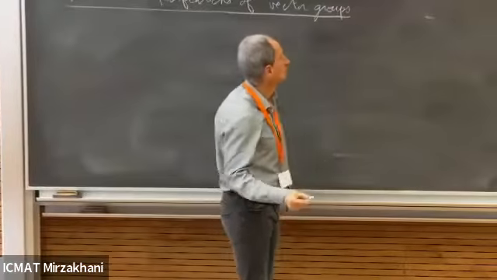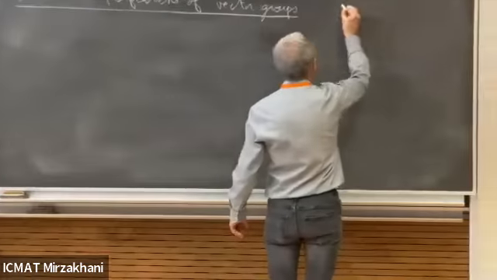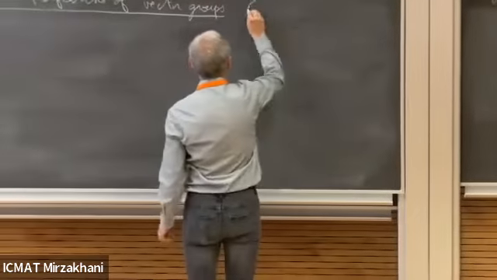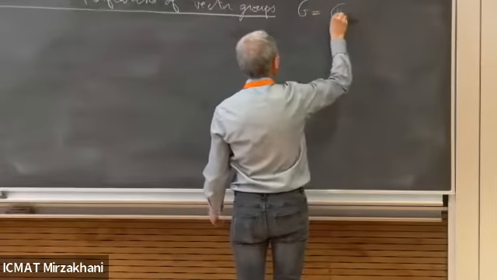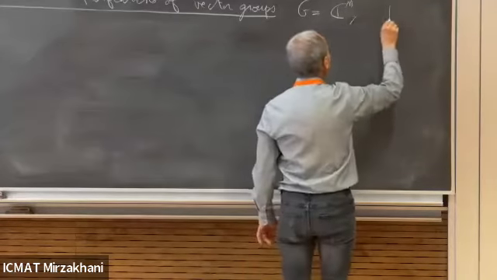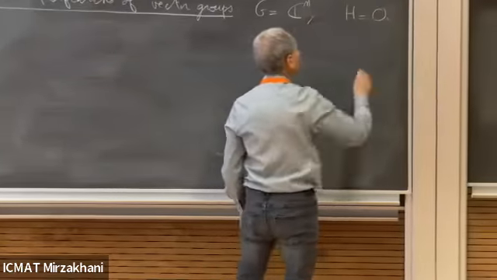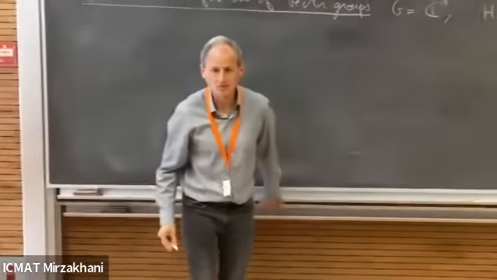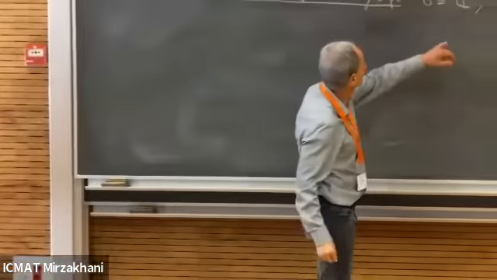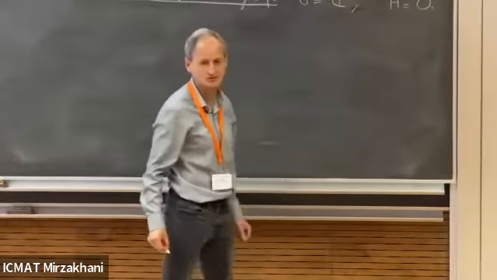This is a very long name, but that tells you that in the situation of almost homogeneous varieties, you take G to be the additive group C^n, and H is 0. Right? So you just compactify C^n equivariantly for the action of C^n on itself by translations.